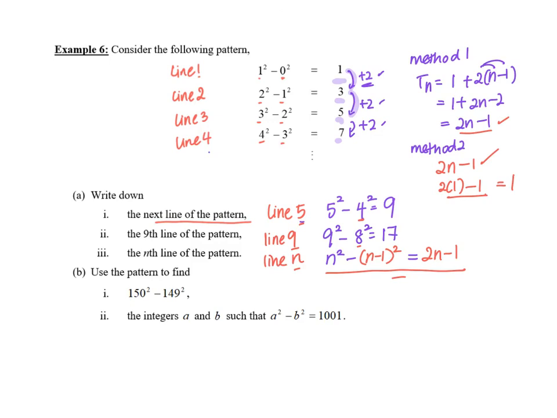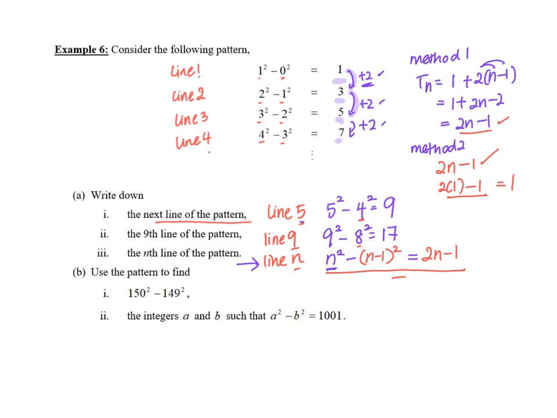Using the pattern, find 150 square minus 149 square. What do they mean by use the pattern? Oh, this is one, that means I need to use this pattern line number n. Cannot use the calculator to calculate it directly.